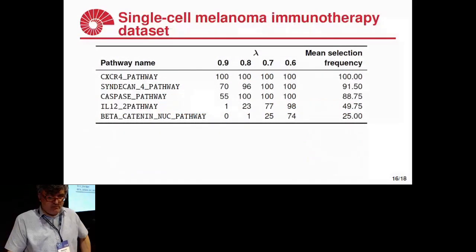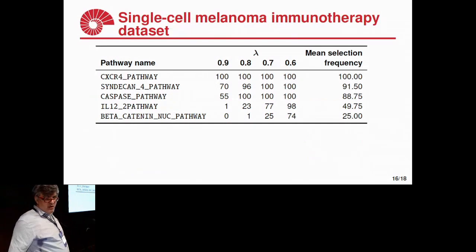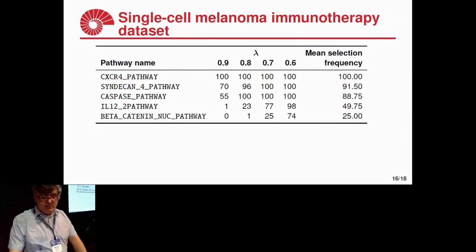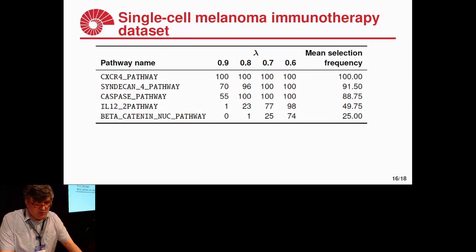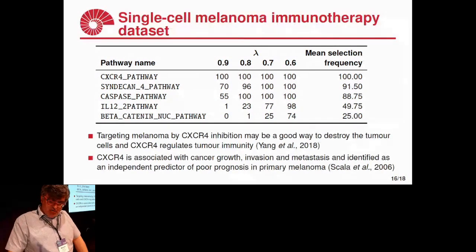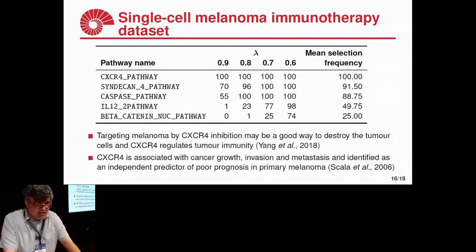Now I would like to also mention the feature selection capability of the algorithm. Here I am reporting pathway selection frequencies on the single-cell melanoma immunotherapy data set. There is a pathway called CXCR4, and it is included in the group lasso selection with 100% frequency. If we check the literature, CXCR4 inhibition is a very well-known biomarker in melanoma.